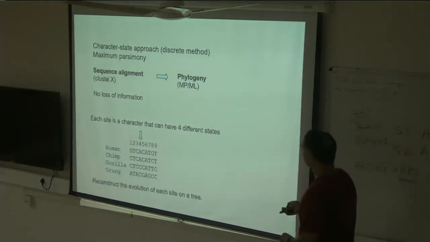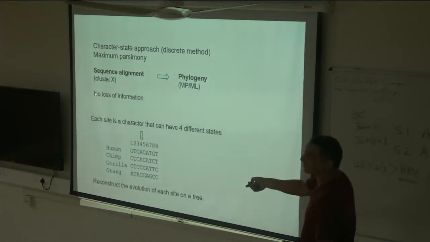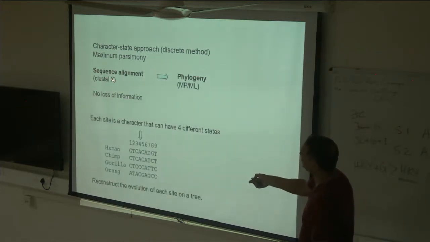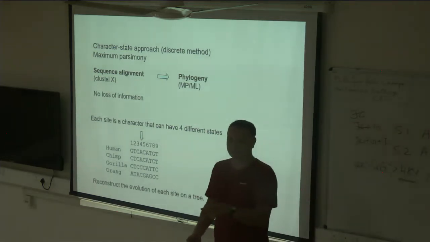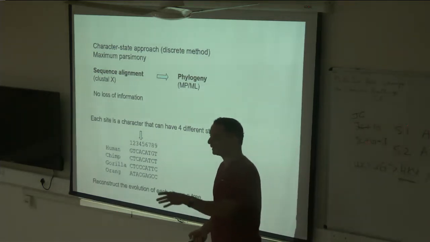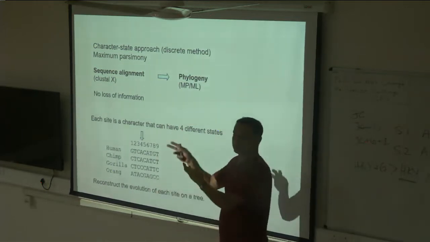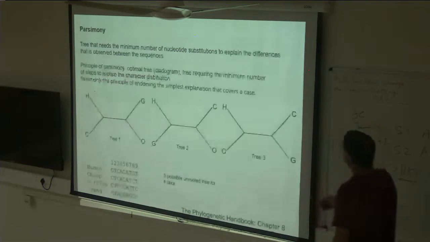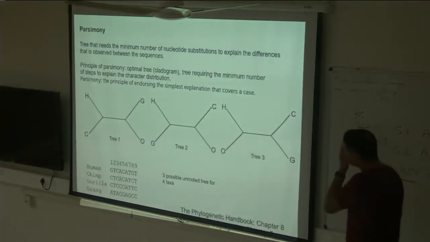So how do we do this? In a way, there's no loss of information, in the sense that we are going from sequence alignment directly to phylogeny, whereas in the distance-based tree building method, there is an intermediate step where we calculate genetic distance, and then that is used to build the tree.